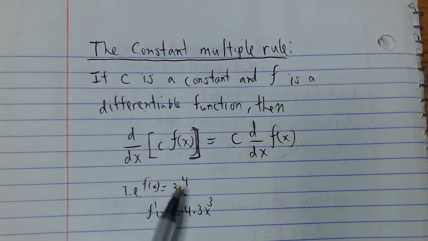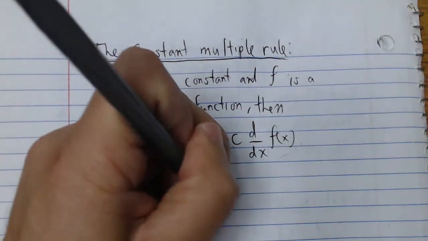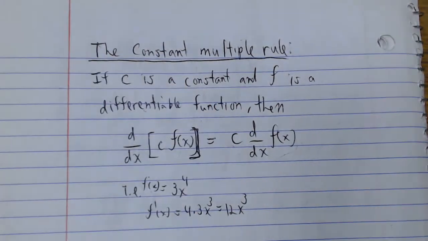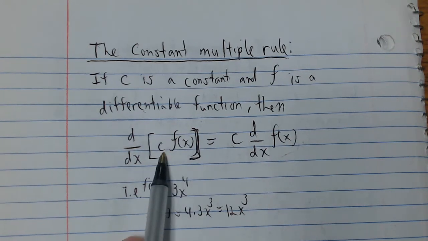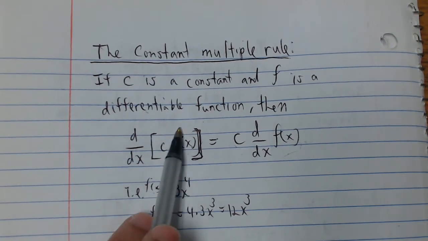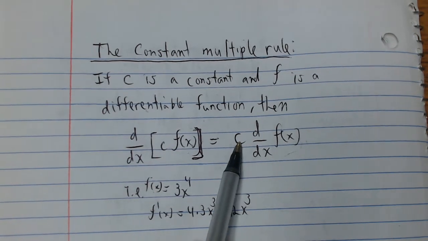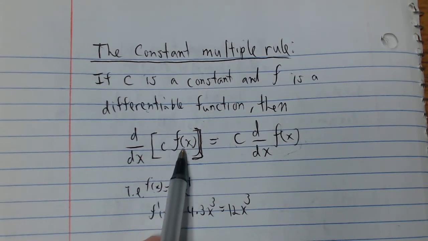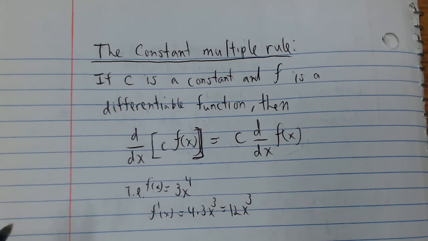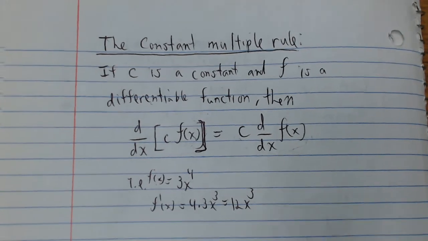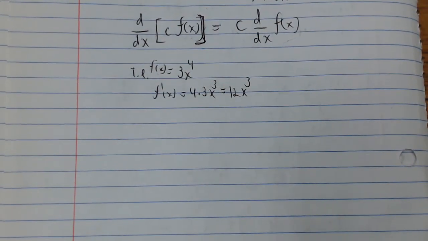Well, this 3 is going to multiply to that 4, which becomes 12x to the third. So basically what this is saying is, whenever you have a constant in front of the function that you're finding the derivative of, you could let the constant tag along, find the derivative of whatever this is, and then multiply it by the constant. Okay, so let's move on to the other rules.